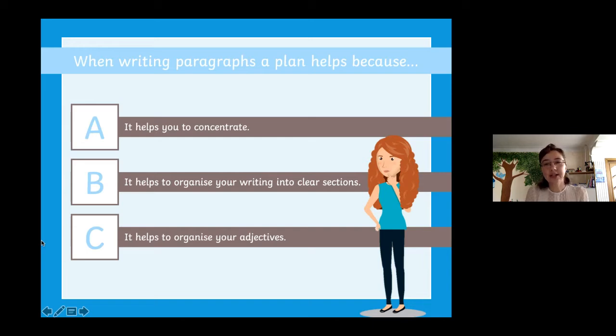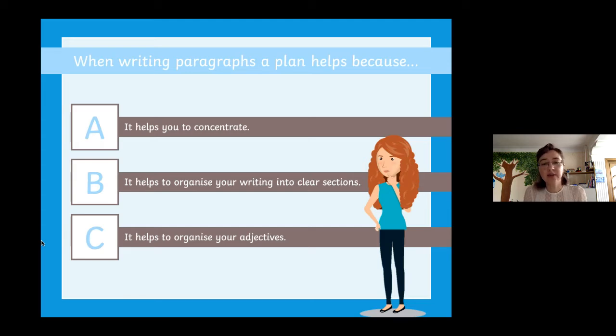When writing paragraphs, a plan helps because it helps you to concentrate, to focus your attention on something. It helps to organize your writing into clear sections. It helps to organize your adjectives. A plan has nothing to do with adjectives, as you can add those specific words to add interest to your paragraph whenever you wish.